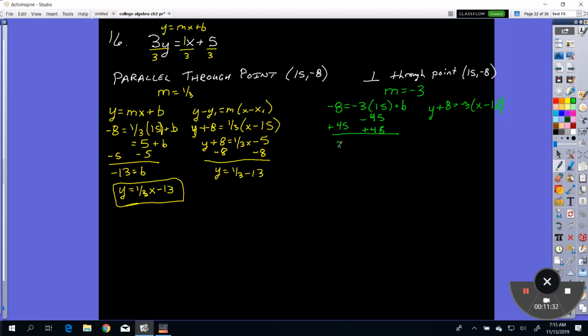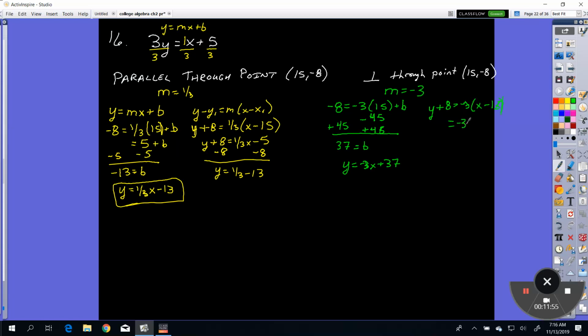So 45 minus 8 is 37. And that is the b. So y equals -3x plus 37.